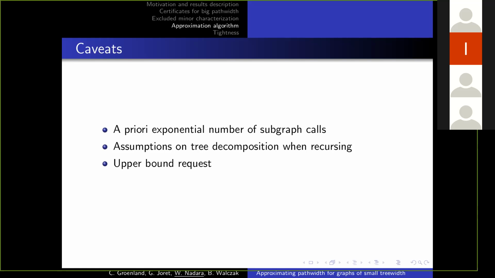In that case, we are only interested in getting a big witness, or in getting information that pathwidth is small. But it's not crucial to understand the algorithm, so I omitted it.